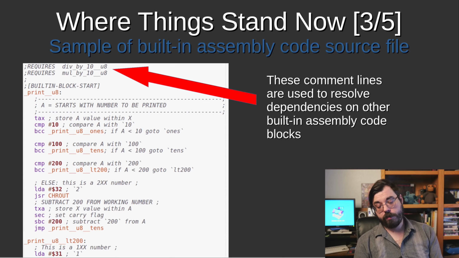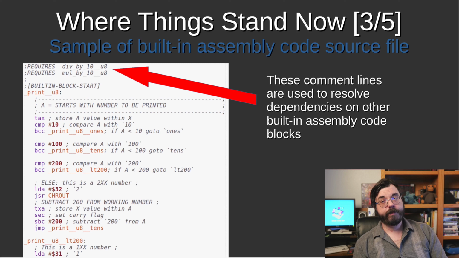If you use the print U8 built-in inside your code, it's very easy for me to identify that that's something I need to include. However, in the case of print U8, it does require a division by 10 and a multiplication by 10 built-in as well.